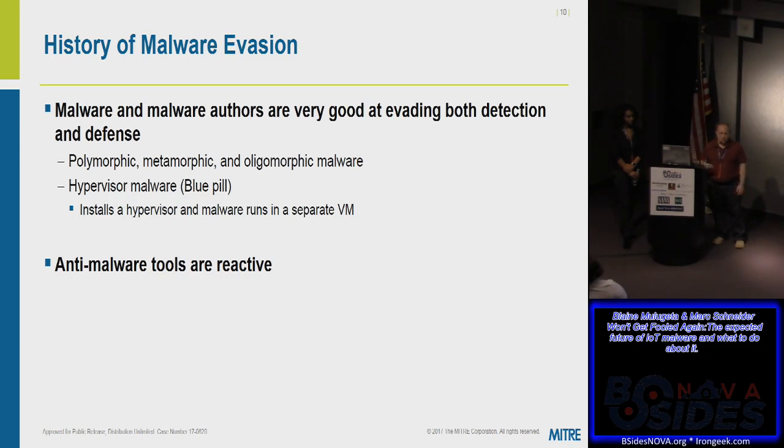So the first is evasion. Malware has evolved over time to avoid detection by anti-malware tools, and also to defend itself against malware researchers. There are polymorphic viruses.